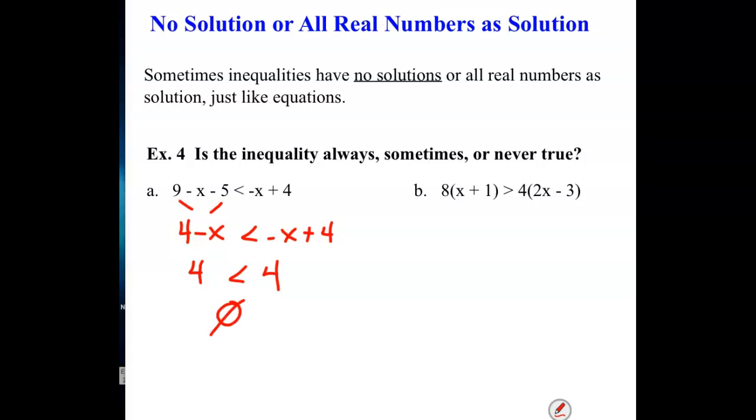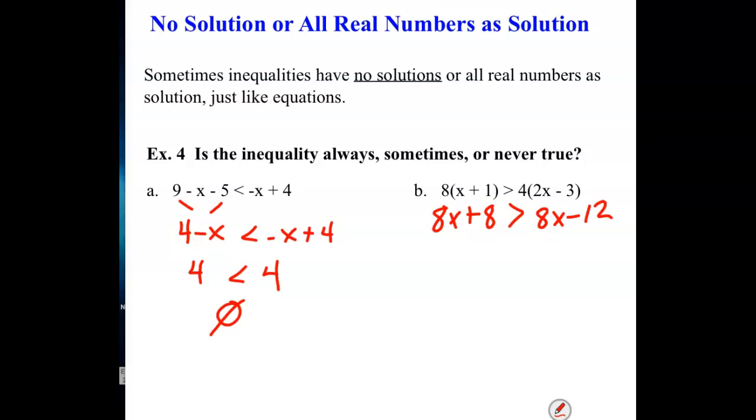If there had been an equal sign, so it was less than or equal to, then it would be true, right? Because it fits the equal part. But because there's no equal sign, I have to say no solution on that. Okay? For this one, if I distribute, I have 8x plus 8 is greater than 8x minus 12.